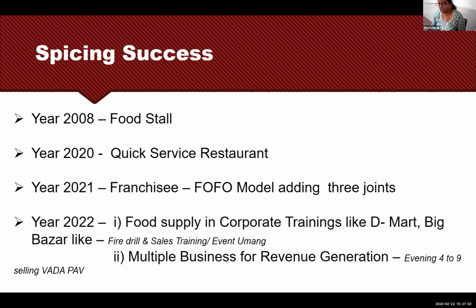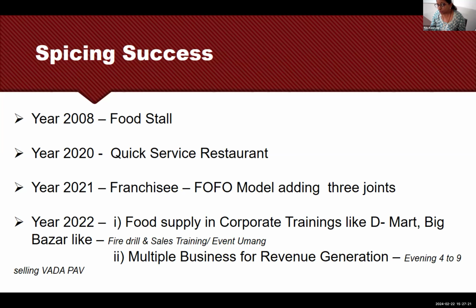simple food stall. In 2020, when we were hit by COVID-19, in order to ensure the safety of the consumer, he shifted his stall and converted it into a quick service restaurant by getting it registered.